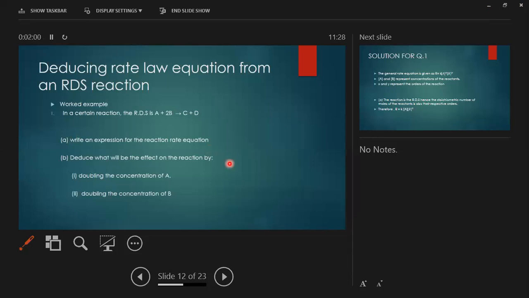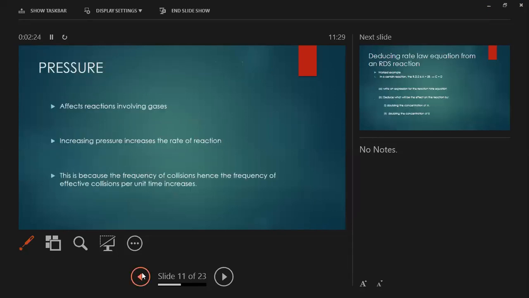In this equation we have that in a certain reaction the RDS is A plus 2B going to C plus D. Write an expression for the reaction rate equation. Deduce what will be the effect on the reaction of doubling the concentration of A and then doubling the concentration of B.